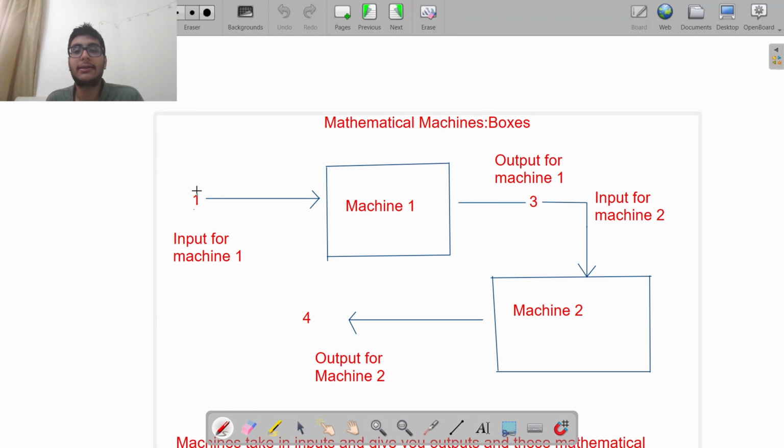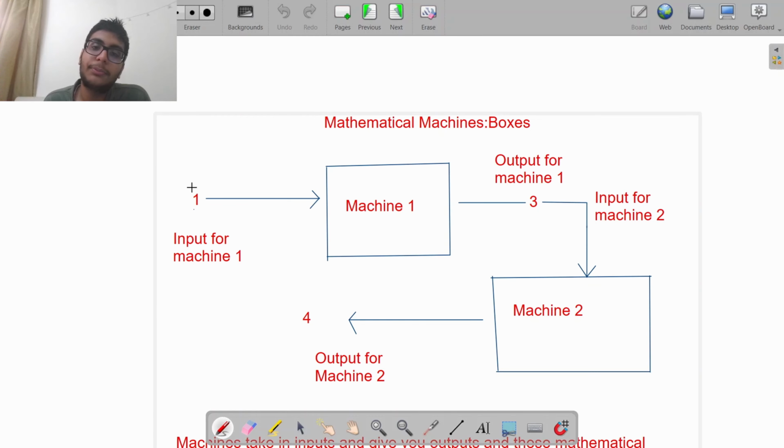For example, as I said in cooking, if you put something inside of something and let that machine process on those ingredients, then it will give you a cake. So over here, what I'm trying to say is, if I put a value 1 inside machine 1, it will give me the output for the machine as 3.